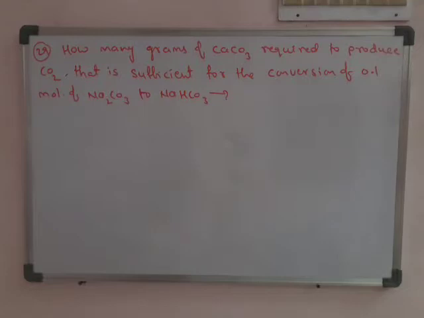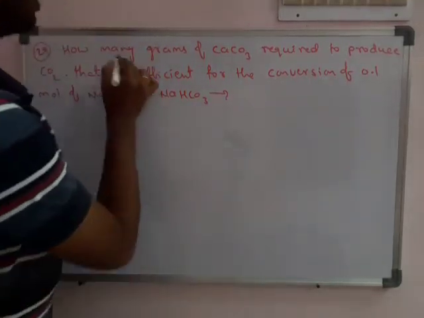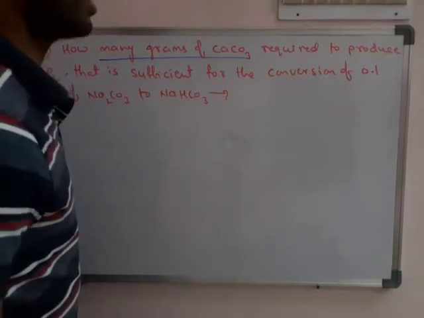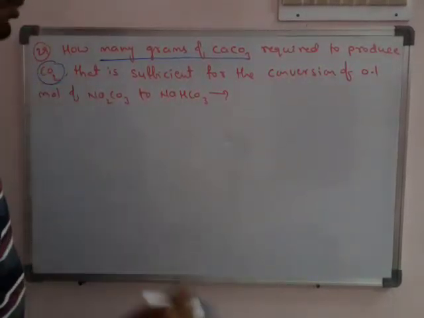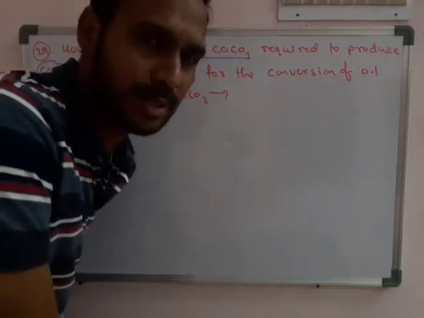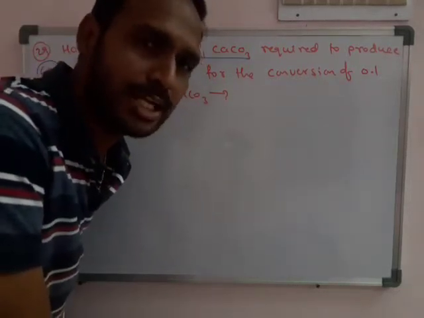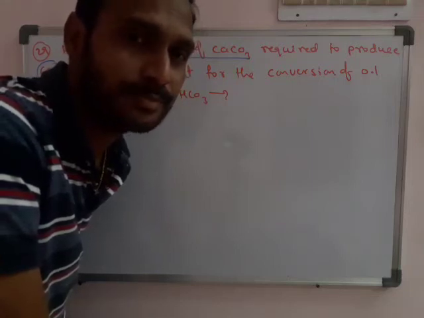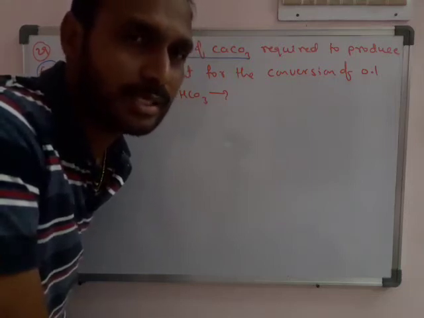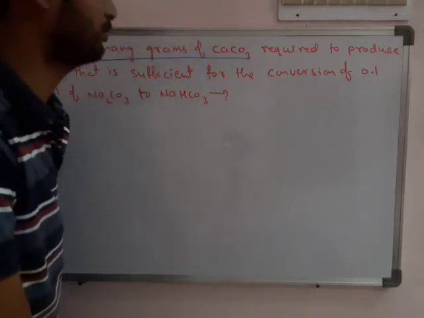Okay, see one more problem: how many grams of calcium carbonate are required to produce carbon dioxide. We know that calcium carbonate decomposes at a high temperature to give calcium oxide and CO2, lime and CO2.